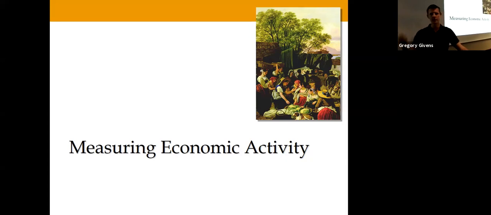The story is Isaac Newton saw the apple fall from the tree before he could develop a theory of gravity. We want to do something on not quite as grand a scale in this class. Well, how does one observe the macroeconomy? How do we observe what's going on in the macroeconomy?